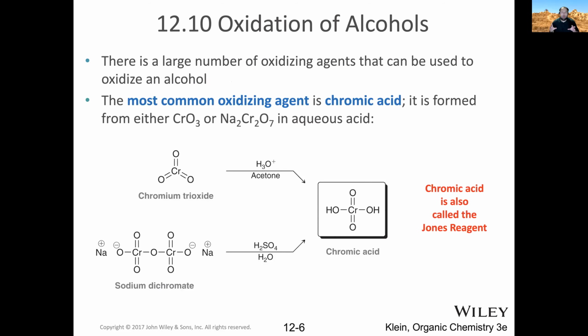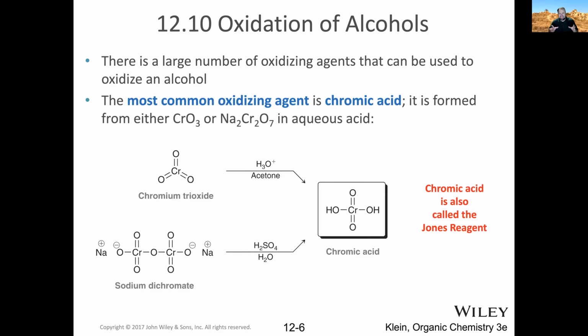So the most common oxidizing agent that we're going to learn about is chromic acid or chromic acid derivatives or things like chromic acid. Now, it's the most common because it was one of the earliest reagents. It's also known as the Jones reagent.